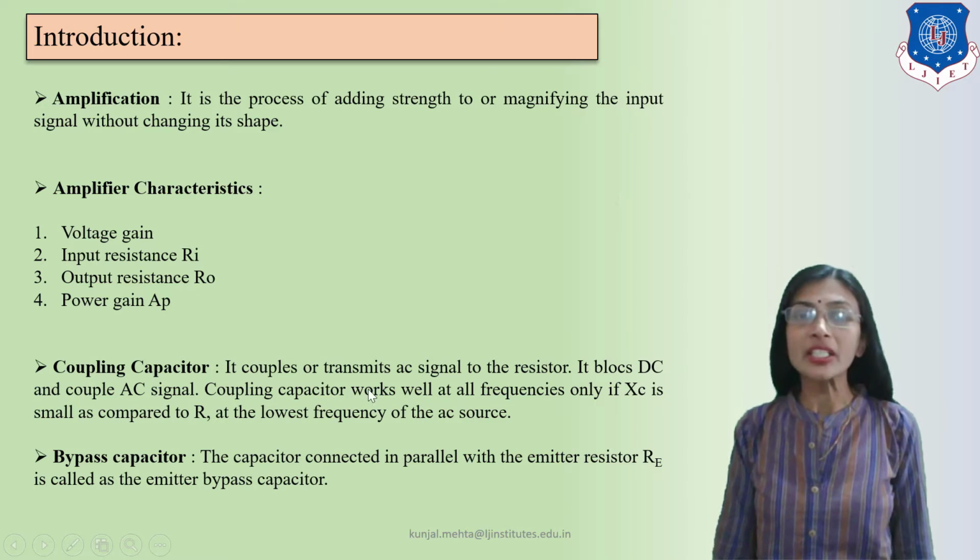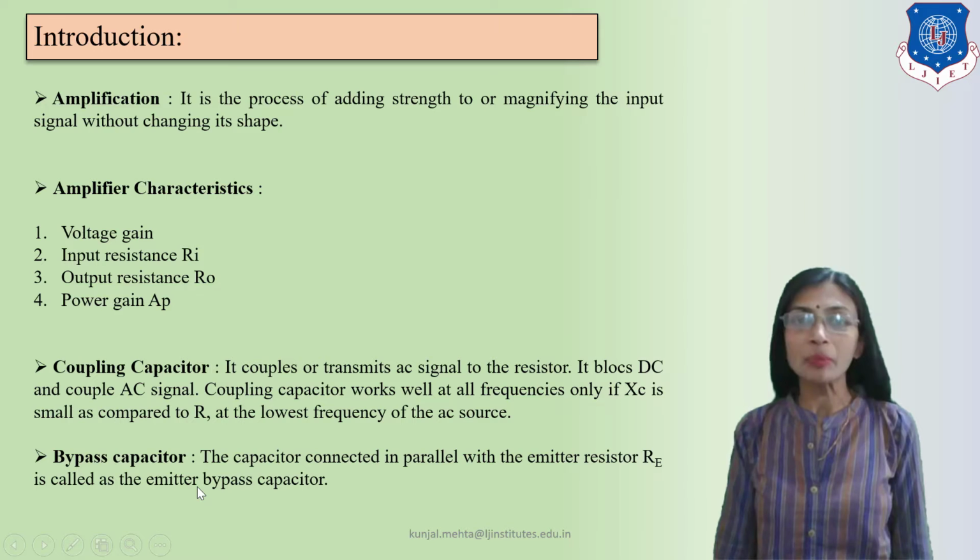The coupling capacitor works well at all frequencies only if Xc is small as compared to resistance R at the lowest frequency of the AC source. Similarly, what is the definition of bypass capacitor? The bypass capacitor is connected in parallel with the emitter resistance, that is Re.